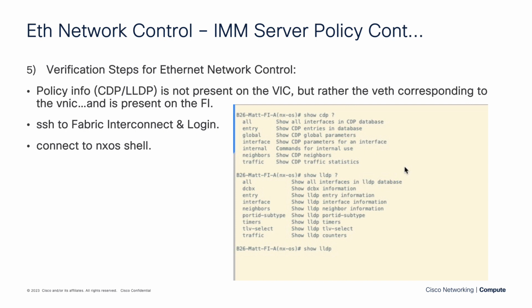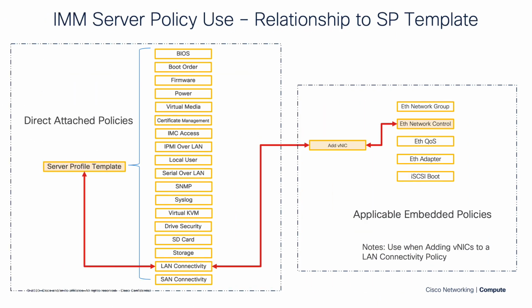So if you go ahead and secure shell into the FI and log in, connect to the NXOS shell, you can do a show cdp question mark. You can see the commands that you can run, as well as show lldp question mark. You can see the LLDP commands, whatever corresponds to your setup and your use case.